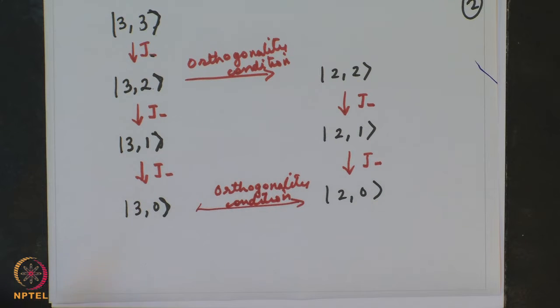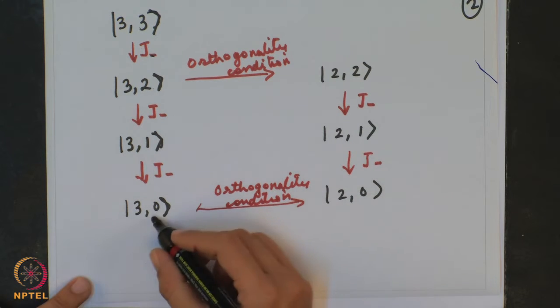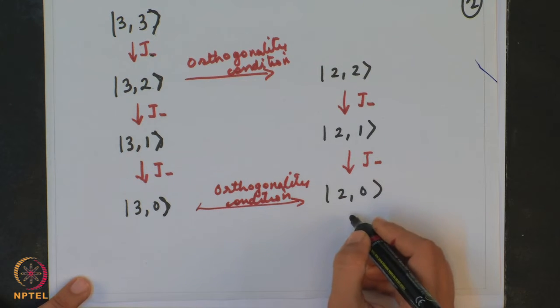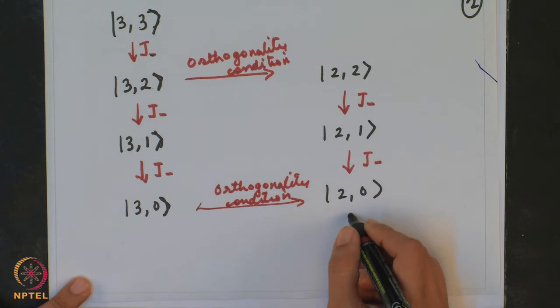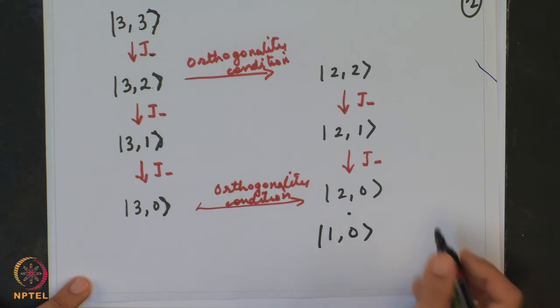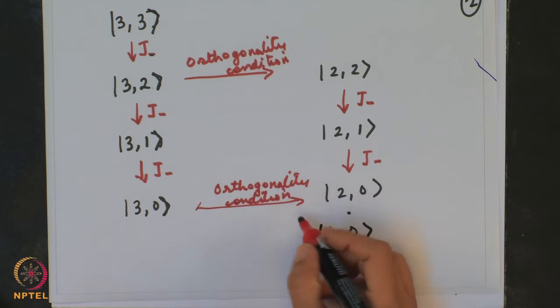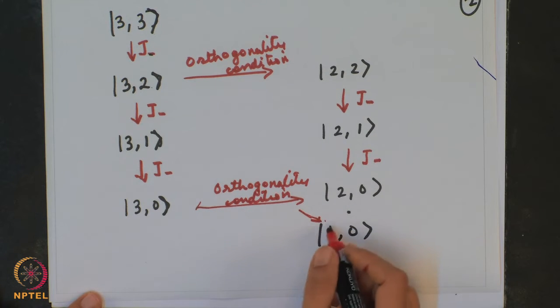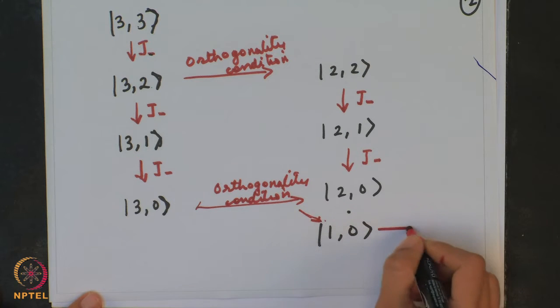This can be obtained from here also or you can apply the orthogonality condition, and on further application of the orthogonality relation you obtain the 1 1 state, okay. This will give you a 1 1 state, and here you can do two things.